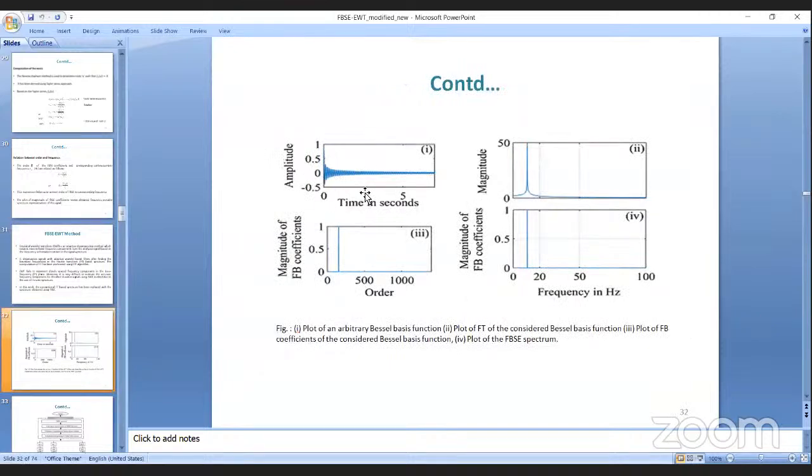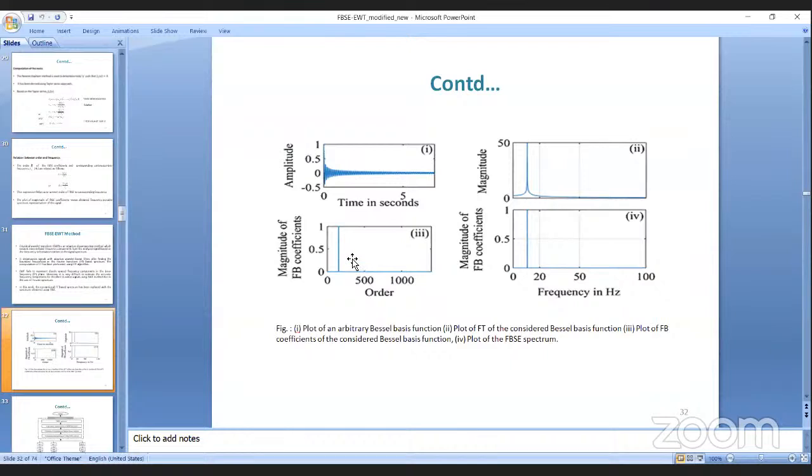So this is one example. Here you can see the Bessel function, and when you see the spectrum using the Fourier transform, it is spread out. In the Fourier domain, you have a band of frequency. On the other hand, if you go to the FBSE domain, Fourier-Bessel series expansion, you can see that only one coefficient is required to represent the signal.